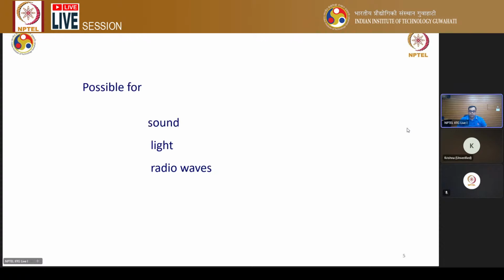This shift is mostly understood in terms of the sound effect, but the Doppler shift is possible for sound, it is also possible in light, and it is also possible in microwaves and radio waves.